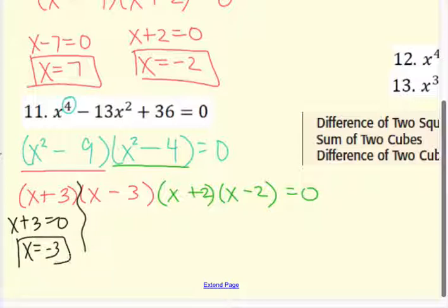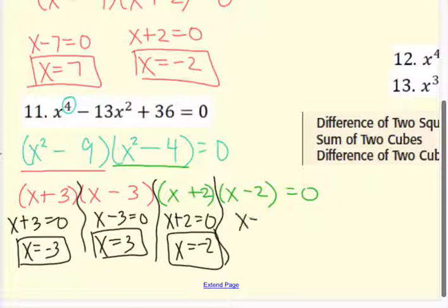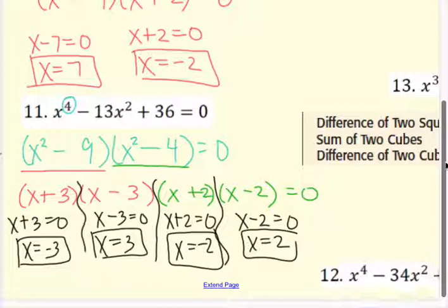So I get x equals negative 3, x equals positive 3, x equals negative 2, and lastly, x is equal to 2. So I have 4 answers for that one. Okay. Let's go ahead and look at number 12.